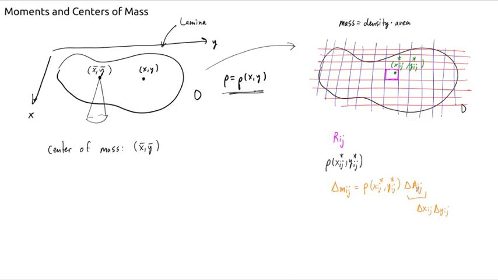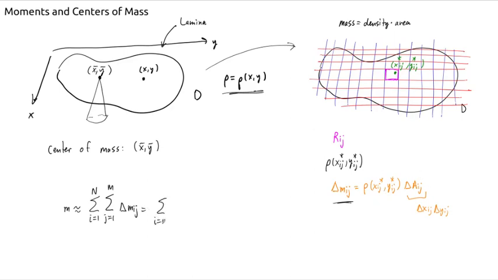We're not too concerned about that right now because what we're going to do next is just write down, okay, if this is our mass element, delta m, then our mass itself is approximately equal to the sum over all these rectangles. So the sum as i goes from 1 to n, and j goes from 1 to m, of delta m_ij, which is of course just this formula right here.